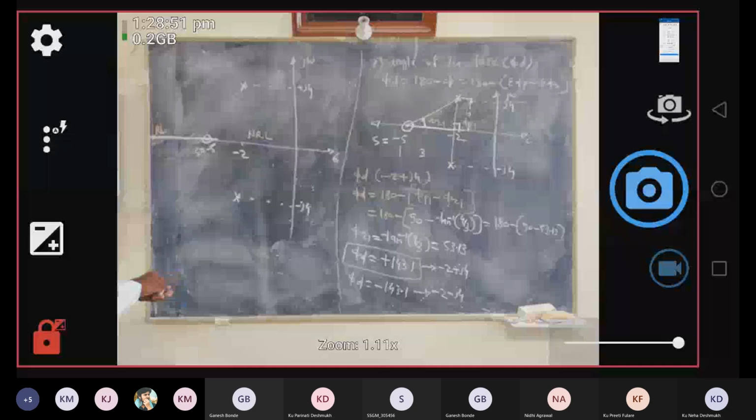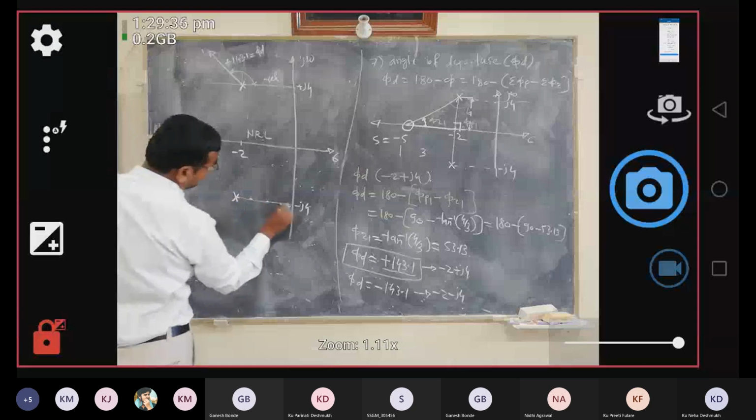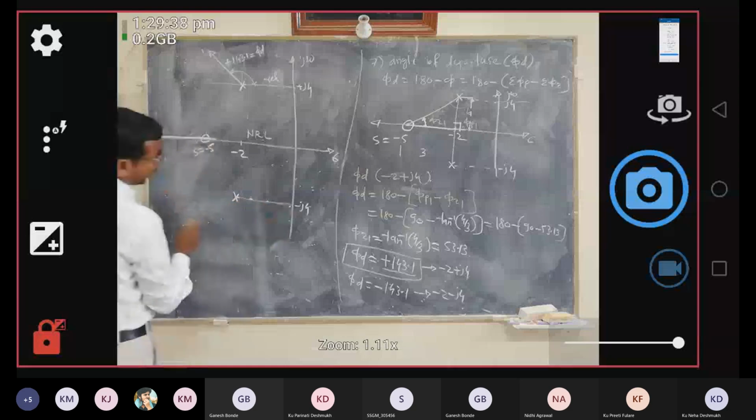Okay, then similarly for this pole, this is reference, and we want negative angle. So this is 90, 180, so somewhere here. So this is the line corresponding. So this total angle phi d is equal to minus 143.1.